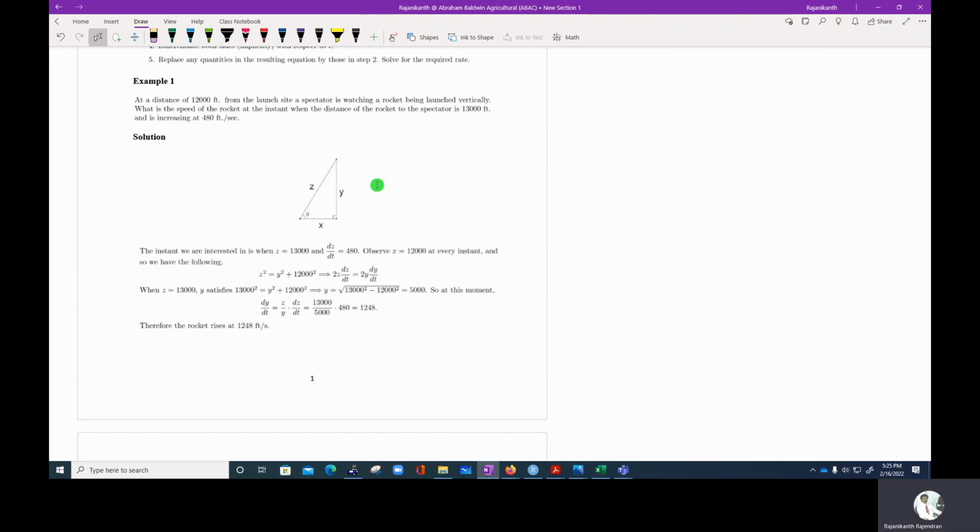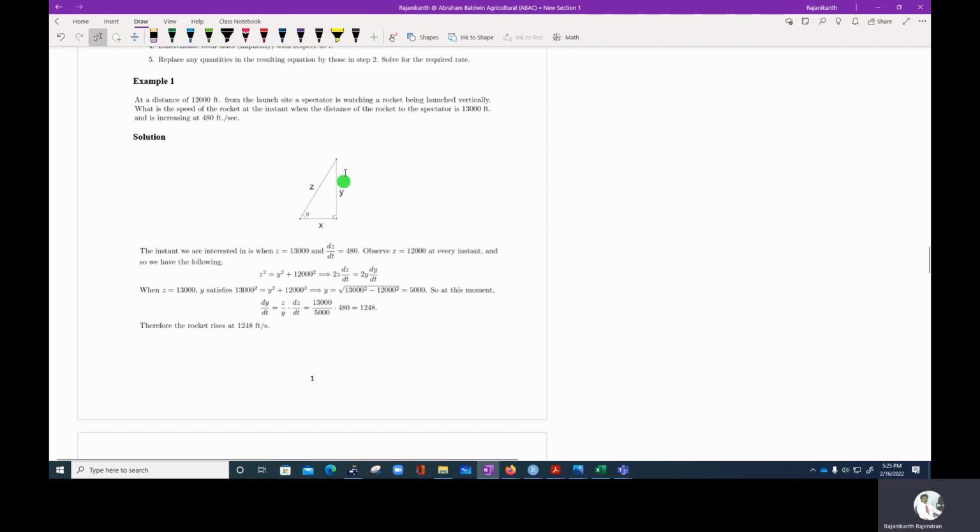Question is finding the speed of the rocket, right? At the instant where the distance of the rocket from the spectator is 13,000 feet. So you could think of it like this picture. This is the point where the spectator is.